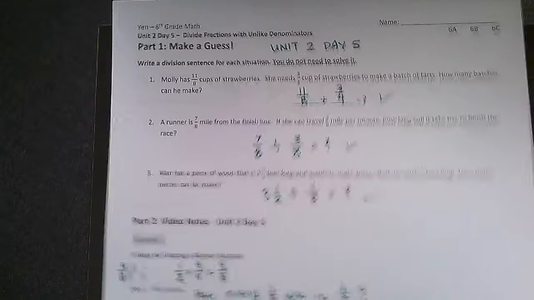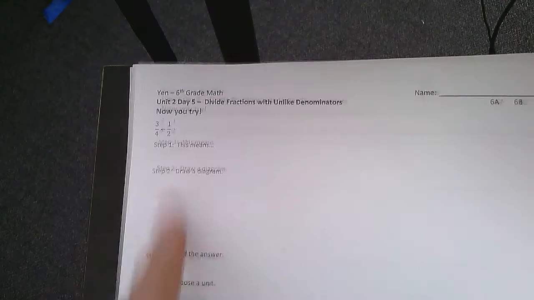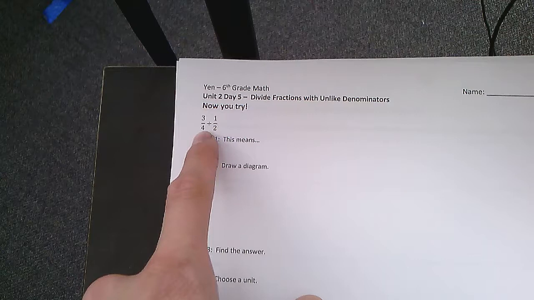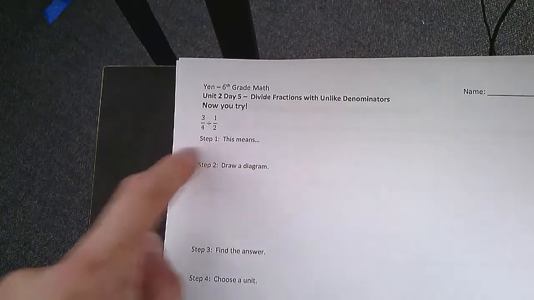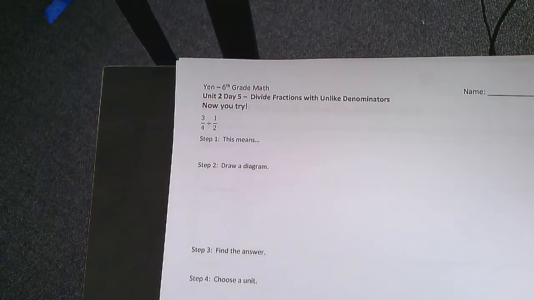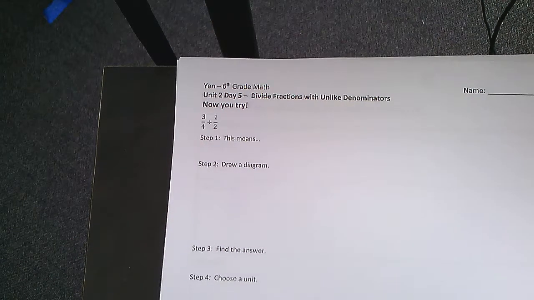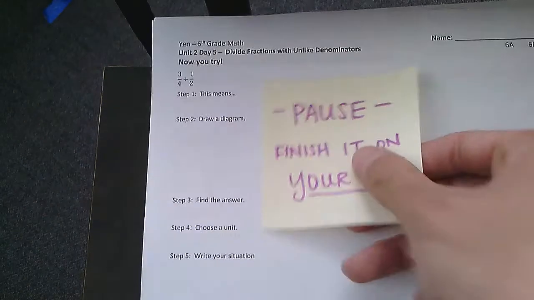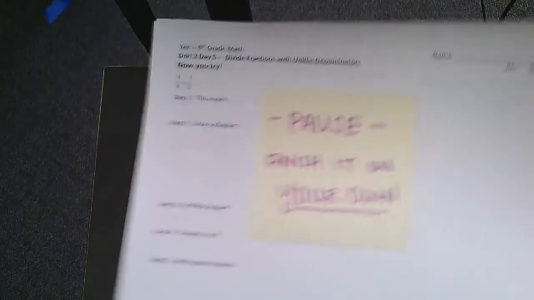So what I want you to do now is to turn the page to page 3, and you guessed it, read the equation. Right, looks like we have different denominators here, so you might have to change it so it has the same denominator first. And then go through each of the steps, 1 through 5, like you did on the previous page, and create your own situation at the very end. So, pause the video for as long as you need to so you can finish this on your own.